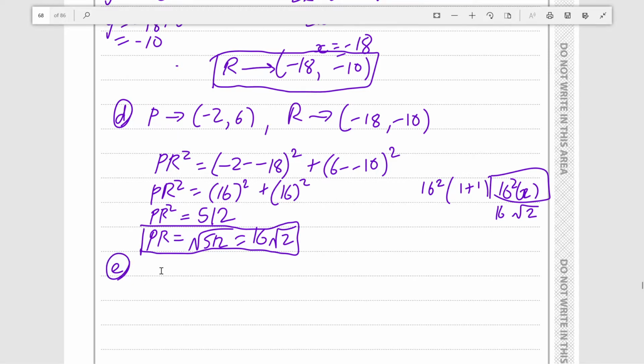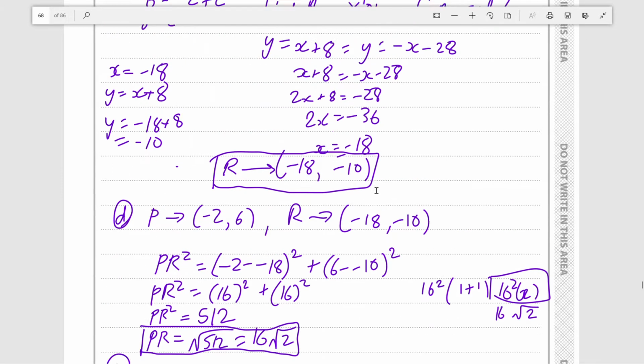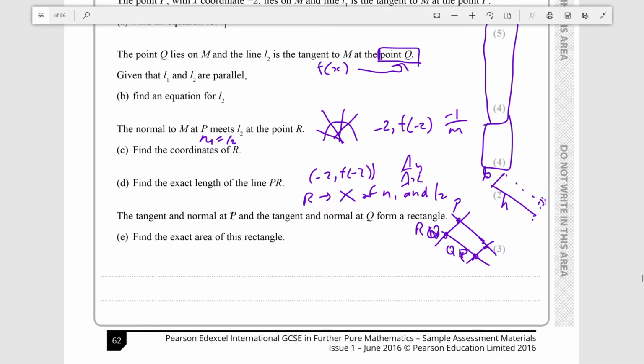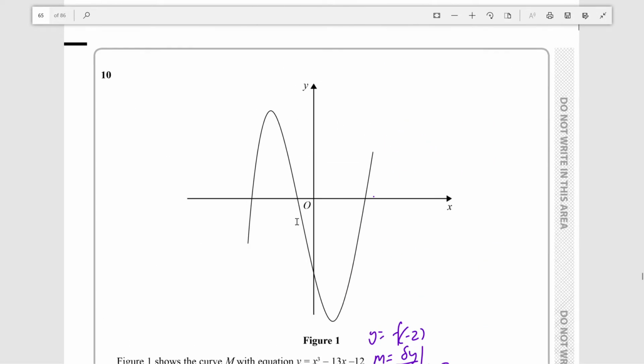And finally, it's telling us to find the exact area of the rectangle that the tangent and normal at P and the tangent and normal at Q form. So if we sketch what we found, the line for x is -2 has a gradient of -1, so it might be about here.